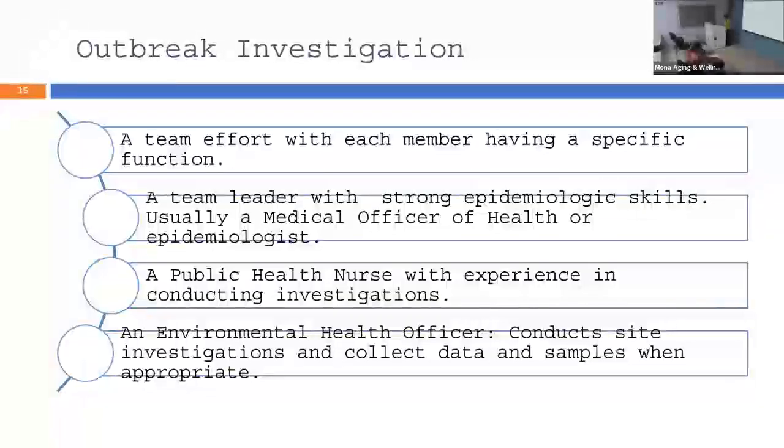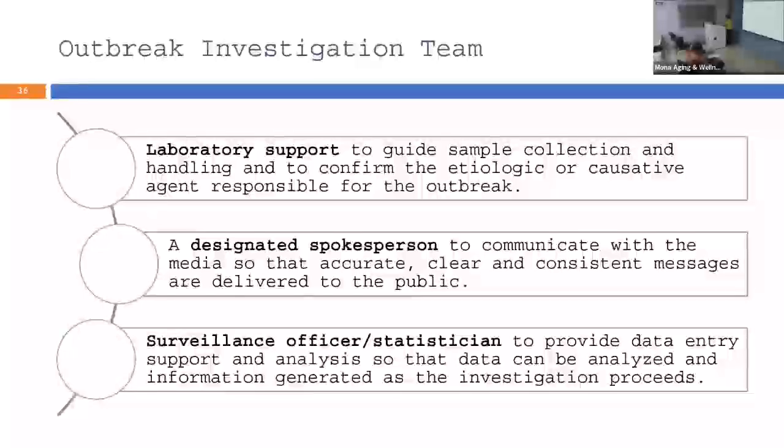They help to conduct site investigations, collect data, collect samples, water samples, food samples, and so on, that are tested to know the etiologic agent. The lab supports and guides sample collection, and it needs to be clear from the get-go what sample we expect to come in.